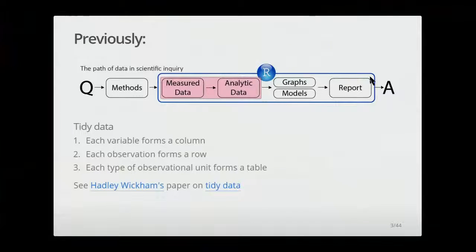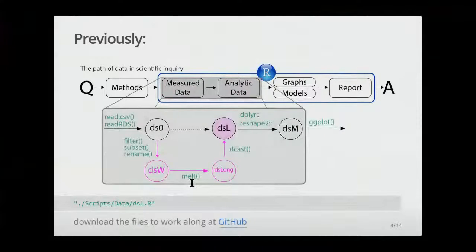We defined data as tidy by how Hadley Wickham defines them as tidy. Specifically, we looked at this script located in the scripts data DSLR. This is available on GitHub, so you can look at it either online or clone this repository and follow along and develop it at your own will.